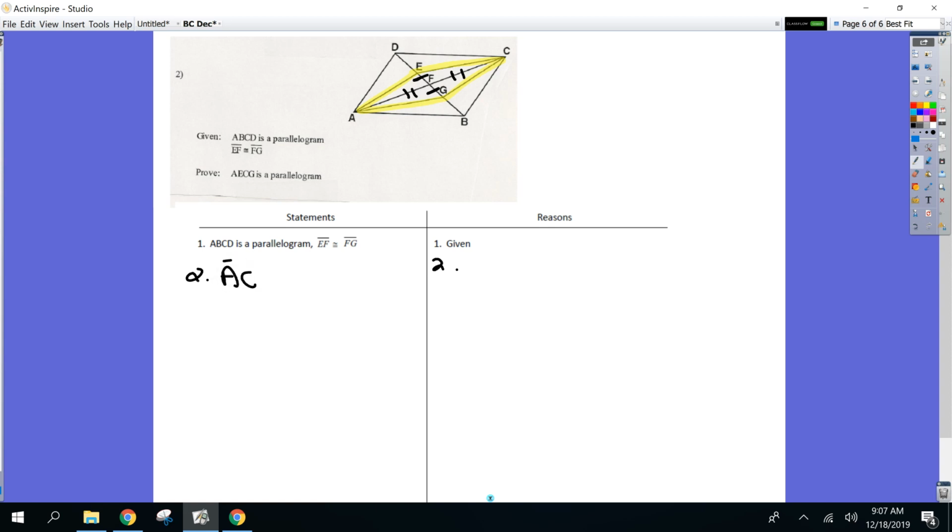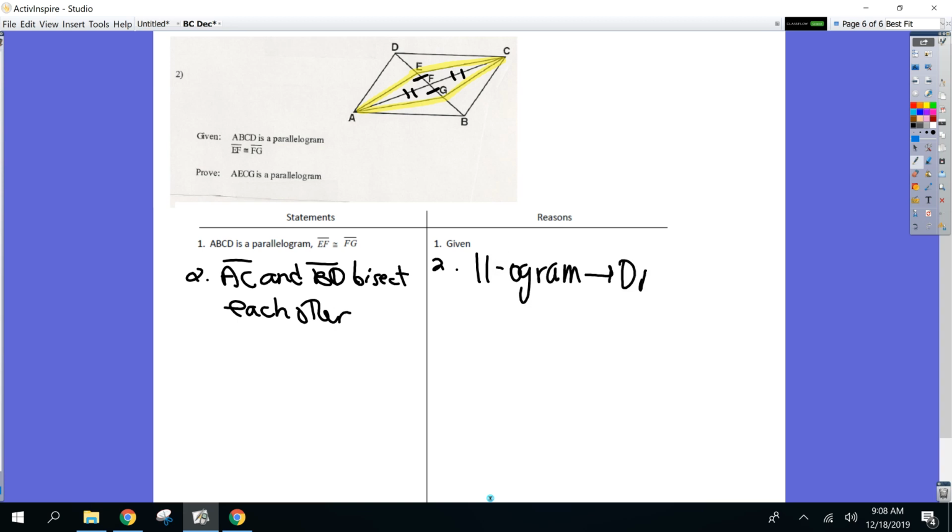AC and BD bisect each other. That's the parallelogram property: parallelogram implies diagonals bisect each other.